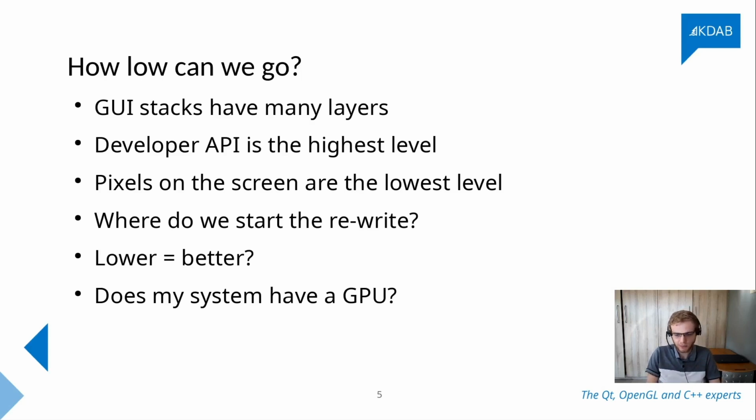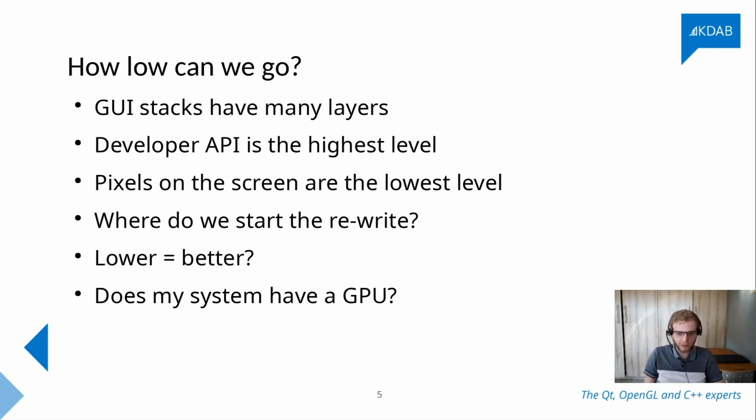Most modern computers and even embedded devices have very powerful GPUs. So if we want to have the maximum performance GUI stack, we really do want to lean on the GPU. So we do need to incorporate that in the stack. And you don't really want to do anything that the GPU can do for you in your own Rust code.